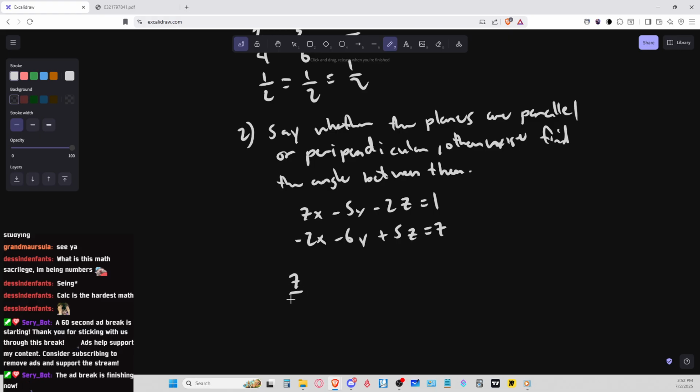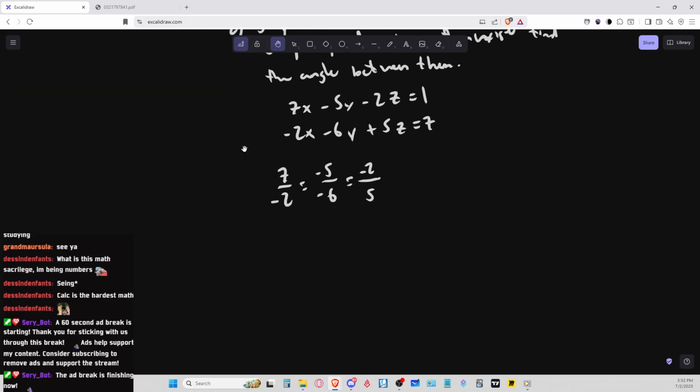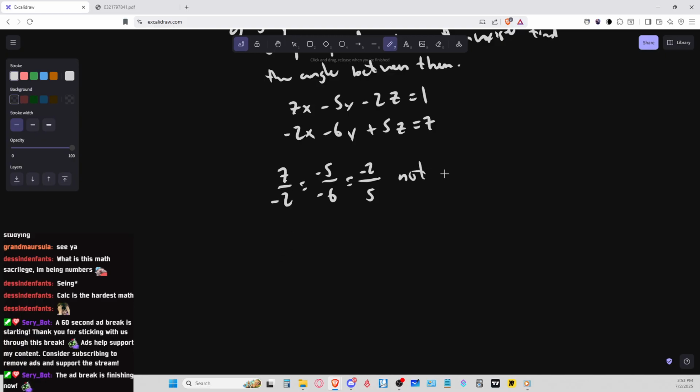So I don't think these will be as simple. I don't think these will be parallel. Yeah, they don't look like they're parallel. Yeah, they're definitely not parallel. So we're gonna have to do the other approach. So not parallel. So now let's see if they're perpendicular.